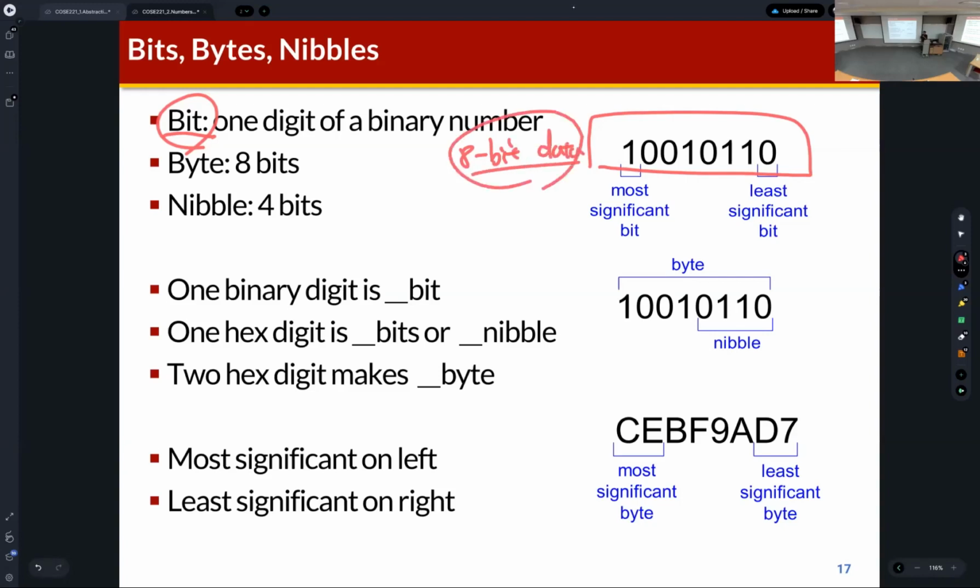I will frequently use this bit. That is the unit of the magnitude of a binary number. Each digit of a binary number represents a bit.